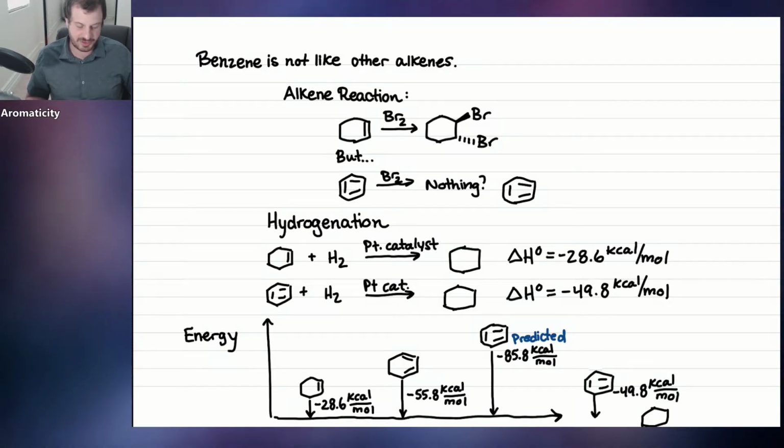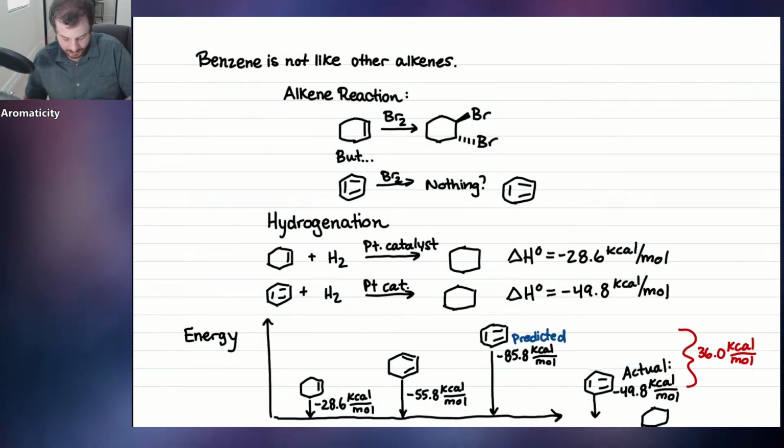So this difference in energy between the actual and the predicted, they did the subtraction and found it was 36.0 kcals per mole. This savings of energy between the predicted and the actual is said to be the aromatic stabilization energy.